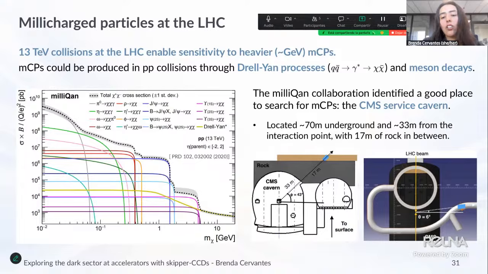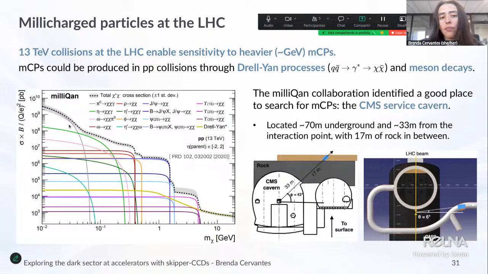And as these collisions are higher energy, 10 TeV collisions, this allows us to explore heavier masses in the GeV scale. Again, these Millicharged particles could be produced in meson decays and also through Drell-Yan processes with quarks.